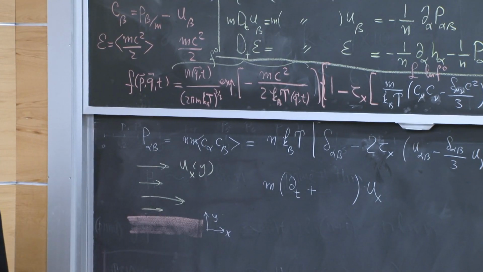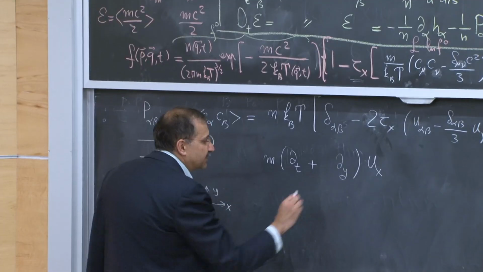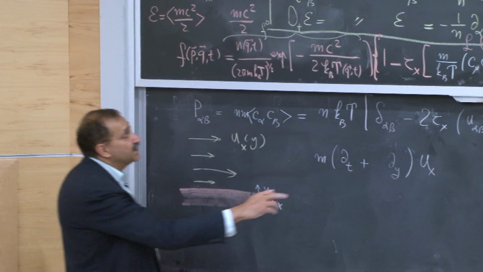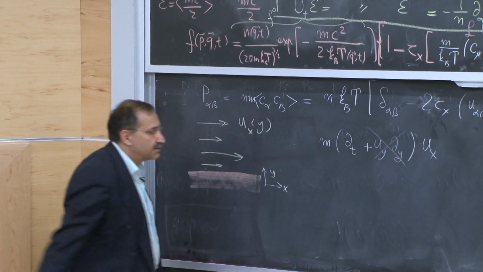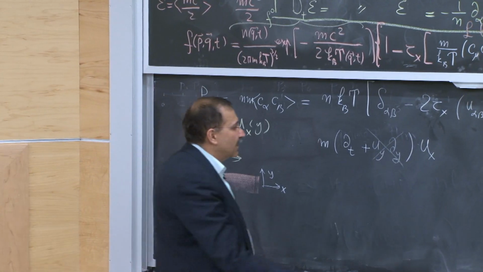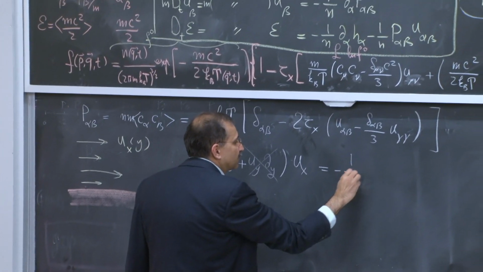Ux only has variations along the y direction. So this term, if it was there, had to involve a derivative along the y direction multiplying uy, but it's not present because there is no uy. On the right-hand side of the equation, I have to put minus 1 over n.